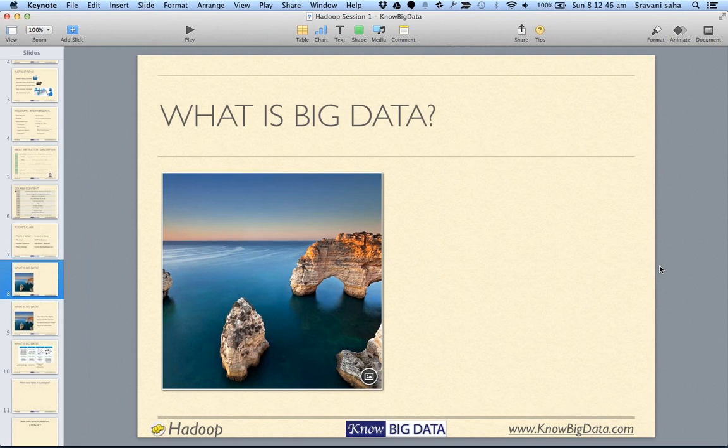What about others? Large volumes of data, that is Bhargav. Any other?